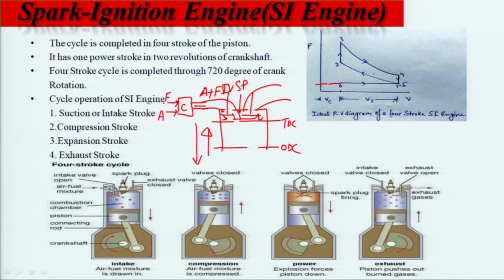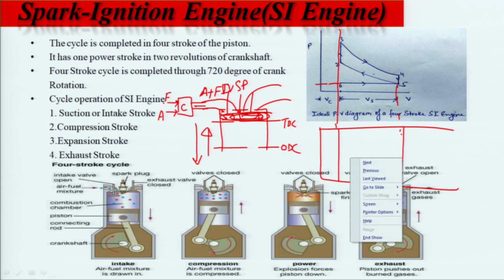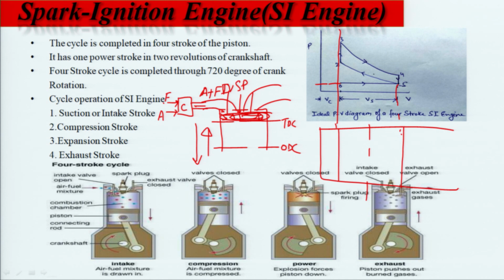You can see from this diagram, it is an ideal PV diagram, because pressure and volume in an IC engine keep varying. We start from 0 here; this volume is the clearance volume. If the piston is in the vertical condition, then this is one extreme condition, and let this dotted line show the intermediate position of the piston.